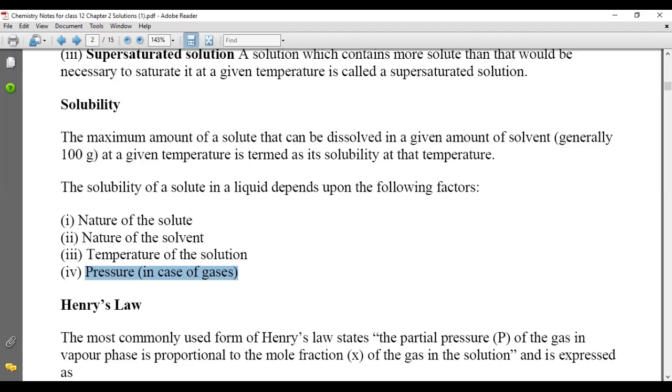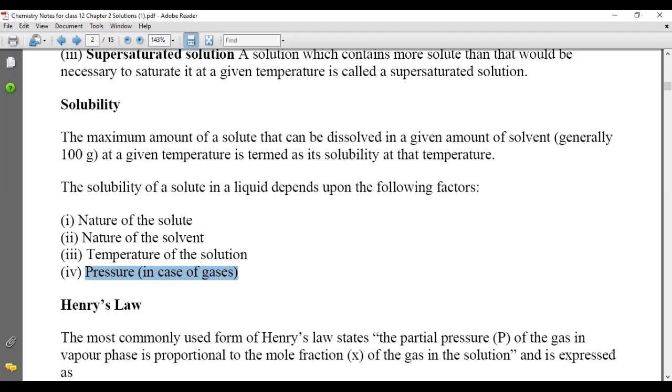On the other hand, pressure plays a vital role in the solubility of gas. As far as solubility of gas is concerned, a separate law is given to us that is very important for this year's board examination, and the law is known as Henry's law.